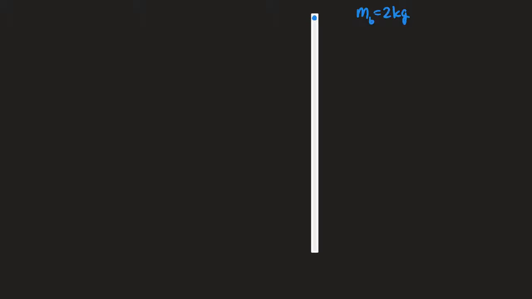So that doesn't look like a bar very well. Let's try that again. So I have a bar, mass 2 kilograms, that is fixed in position so that I can rotate about this point at its end. So the mass of the bar is 2 kilograms. And let's say that the bar itself is 1.5 meters long.